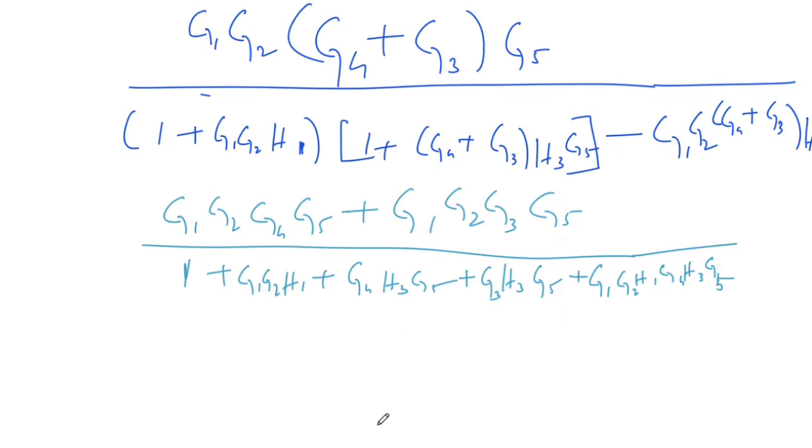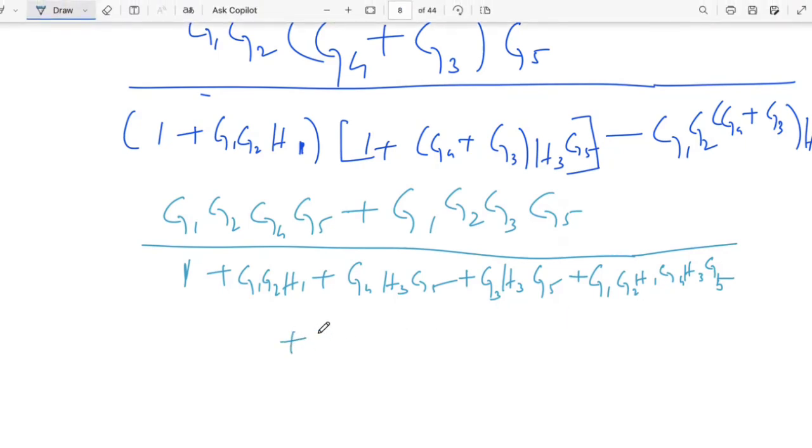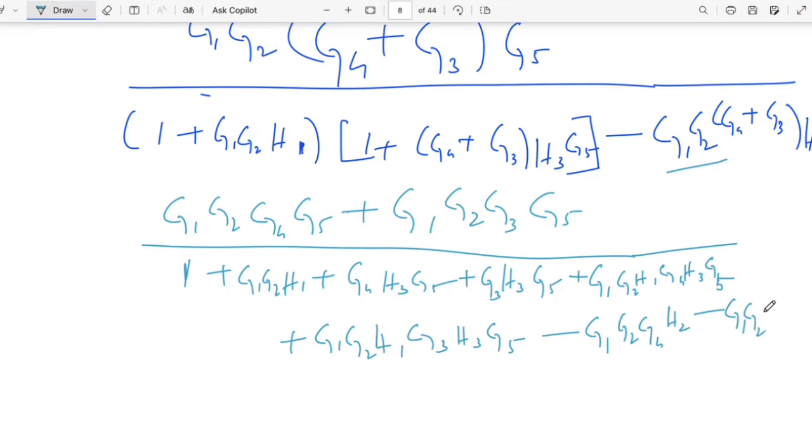Then plus G1 G2 H1 G3 H3 G5. Then minus this G1 G2 G4 H2, minus G1 G2 G3 H2. Okay.